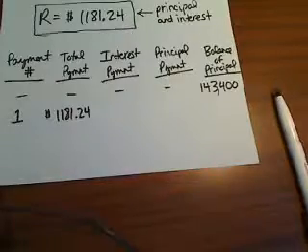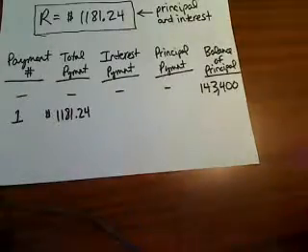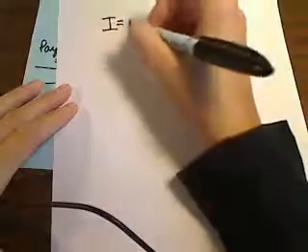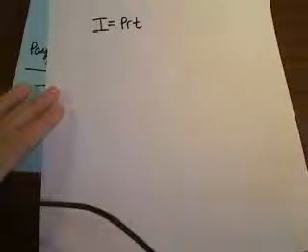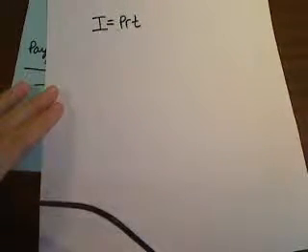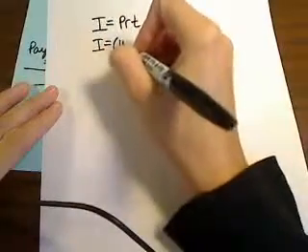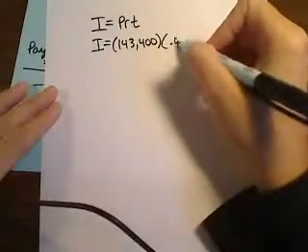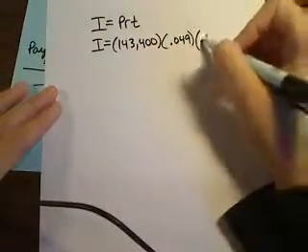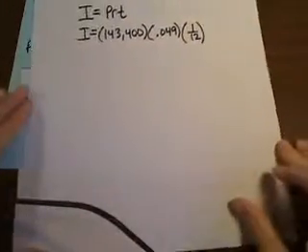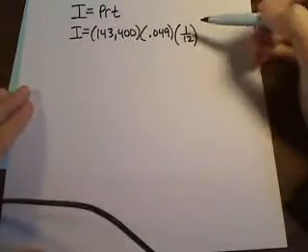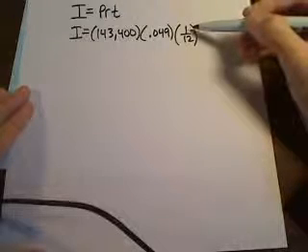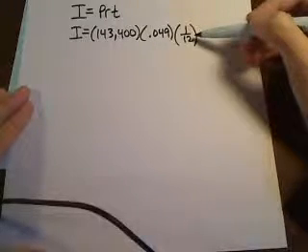Okay, so what we would do to calculate that is we would use our formula. Interest is equal to principal times rate times time, and we would calculate what's happening in terms of interest for 1 month. Okay, so the principal on the loan, $143,400. The rate is 0.049, and the time that we're looking at is just 1/12 because time is always represented in years, and because we're talking 1 month out of a year, then we're looking at 1/12 of a year.